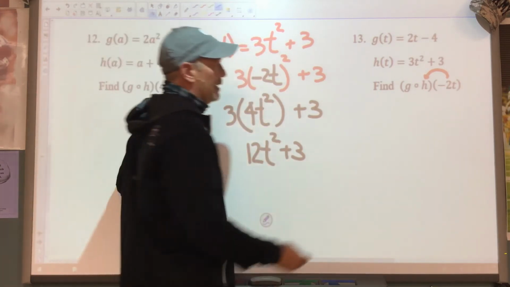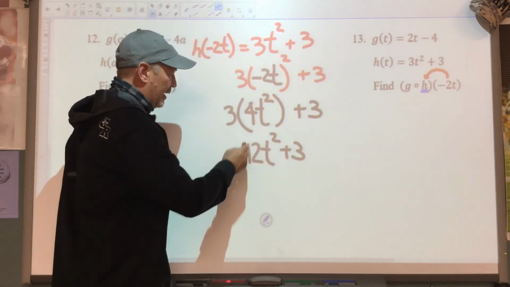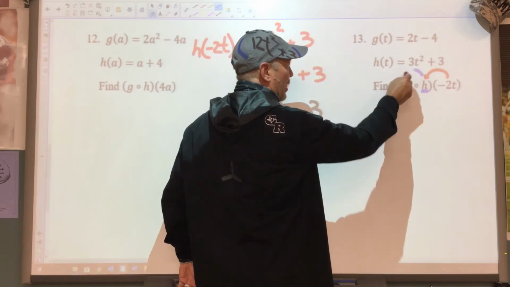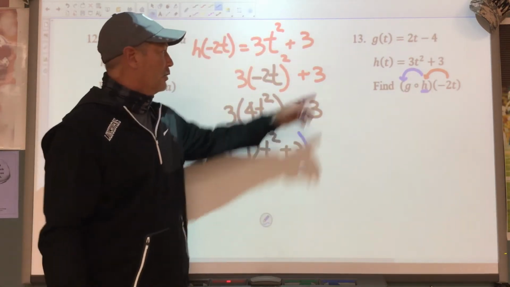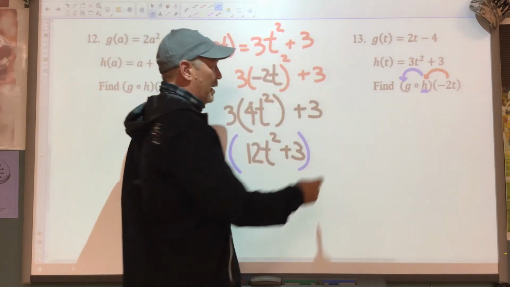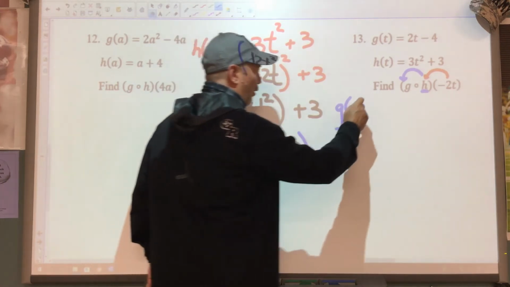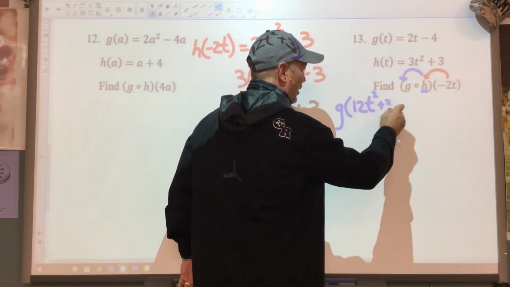This is my h answer. I have to take this and we're going to evaluate it for the g function. We're going to substitute it into our g function. So we go to the g problem and we're going to say g of 12t squared plus 3.